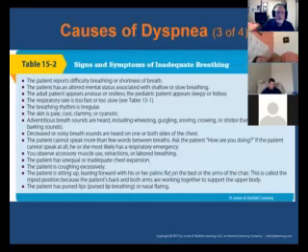Okay. We're going to be looking for accessory muscle use, retractions. Are the intercostal muscles pulling down between the ribs because this patient is fighting so hard to breathe? And then watch for unequal chest expansion, excessive coughing.